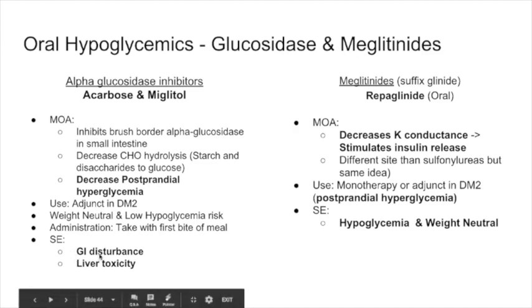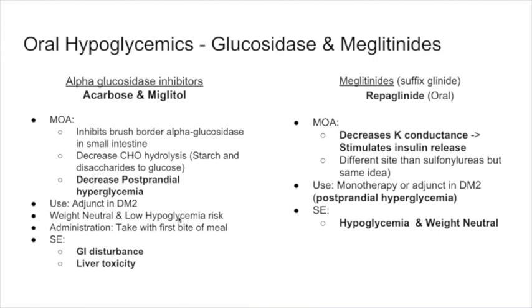Side effects: it causes GI disturbance and liver toxicity. The classic test question about these medications is asking you where they work, and it works on the brush border of the small intestine. So that's the highlight of this class of medication.